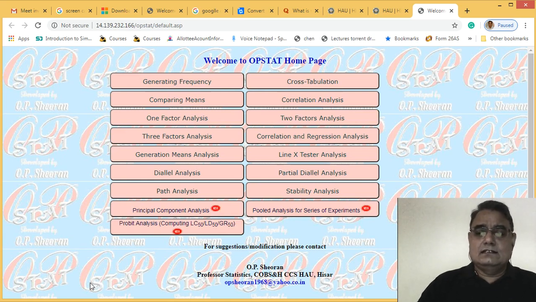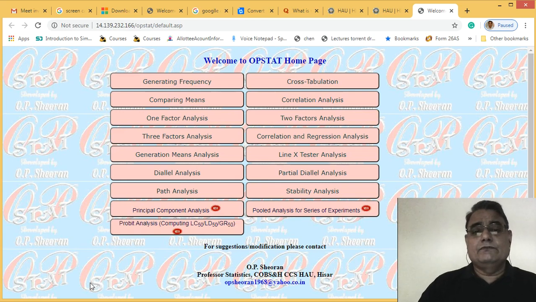Now, 1-factor analysis, 2-factor analysis, 3-factor analysis, and a few modules which I want to introduce, that is the split plot design and strip plot design. They are the basic designs generally used in agronomical trials.